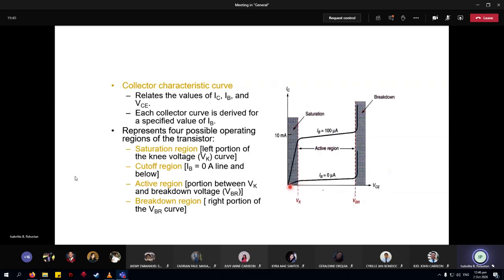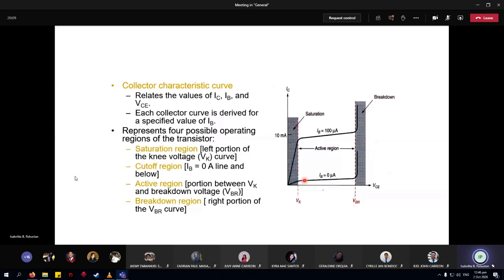Okay? You will be asked to do the graph of this by changing the values. Una muna, you are going to set the IB to a particular value. Tapos, for that particular IB, you are going to read the VCE and the IC. That's the only time you will be able to come up with this. You cannot see IB in this graph. Yung IB, alam mo lang.